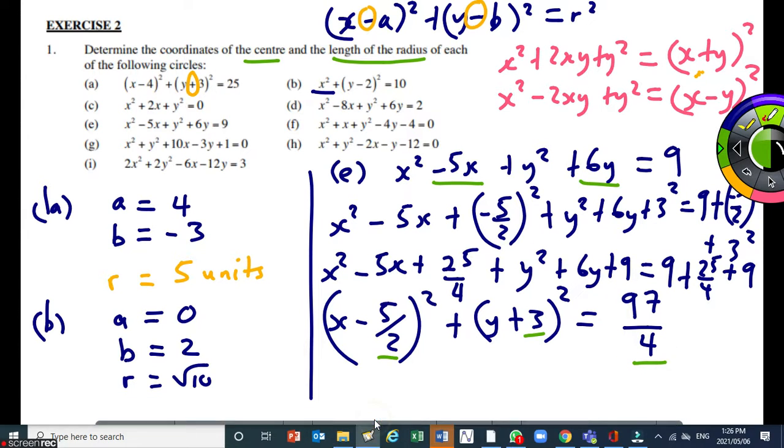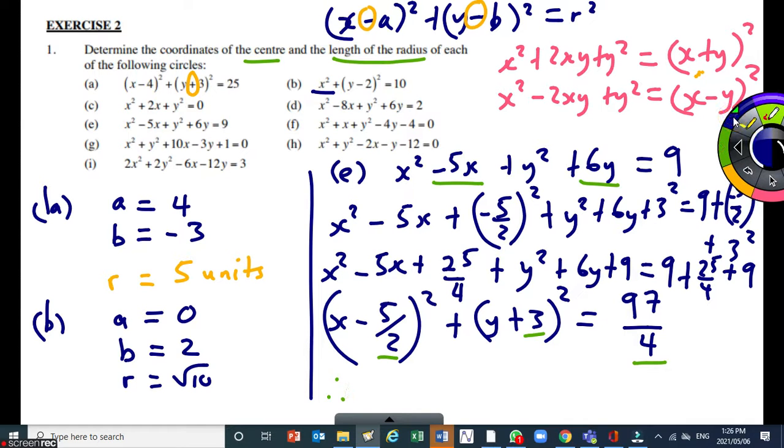So I can write and say therefore, the center, here the coordinates. Well, here I didn't write the coordinates in coordinate form. I could have written it as 0, 2. That one I could have written it as 4, 3.